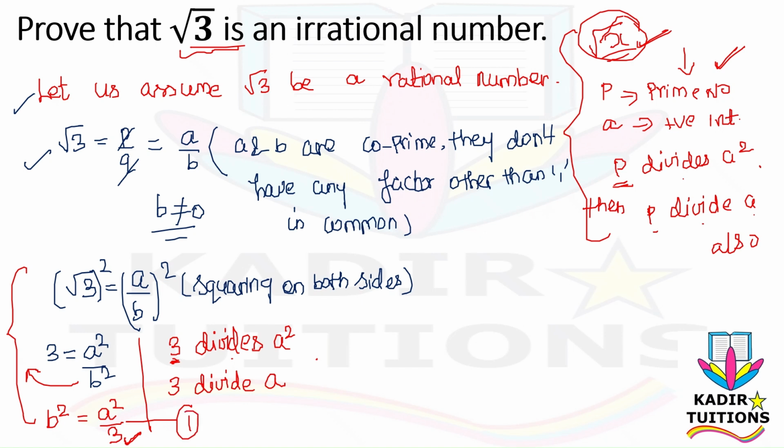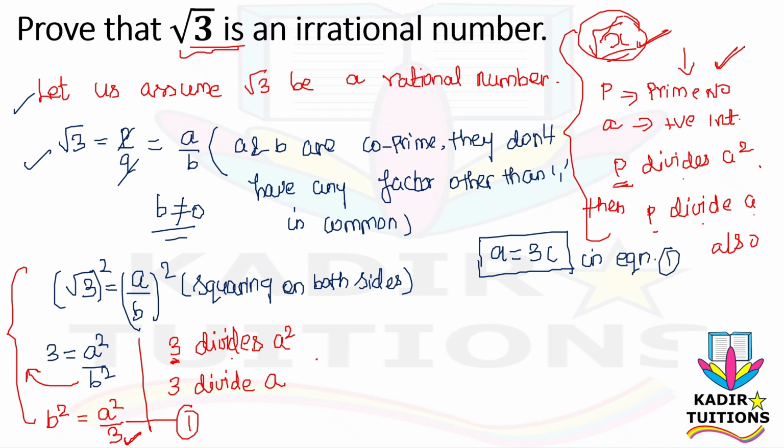Now our third step is to equate a to some other variable. Can I assume a equal to 3c? I'm going to substitute the value of a as 3c in equation 1.